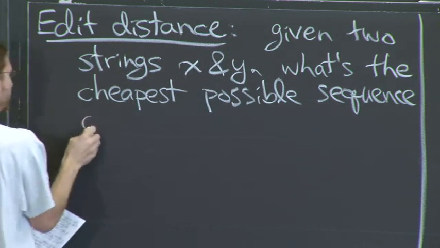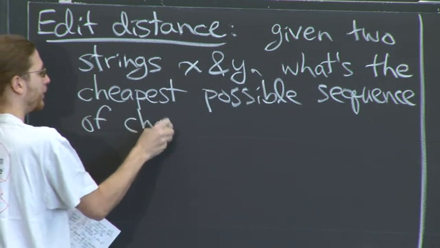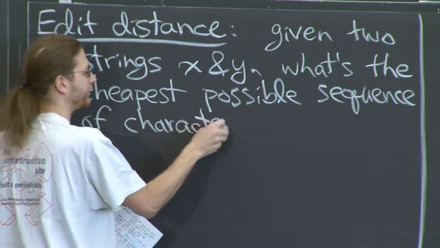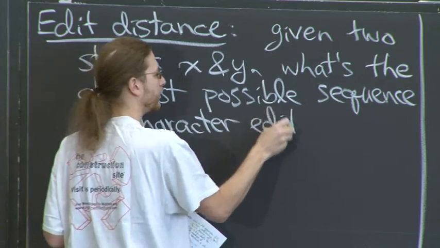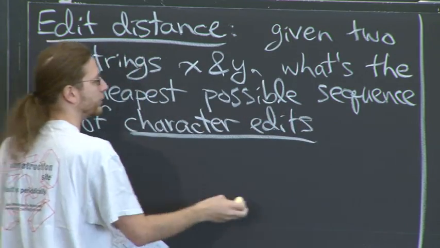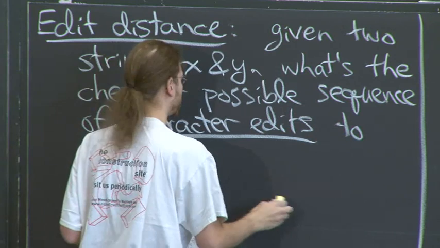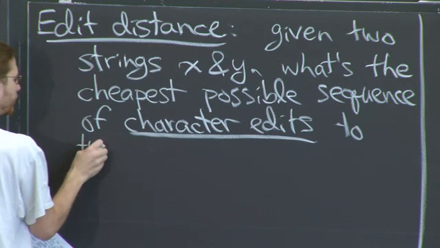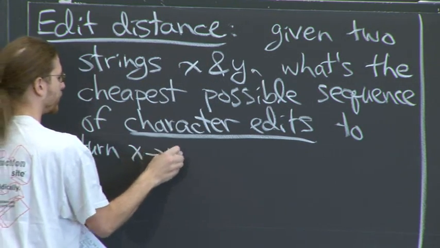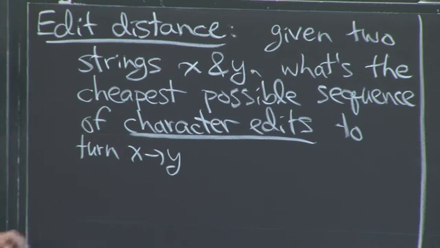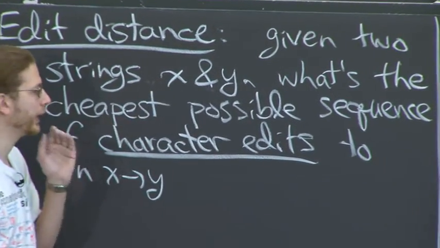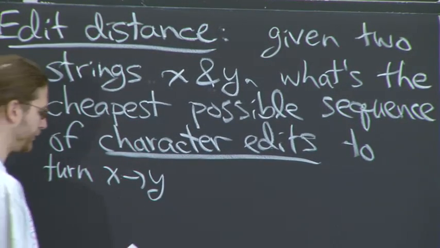I'm going to define what transform means. We're going to allow character edits. We want to transform this string x into a string y. So what character edits are we allowed?